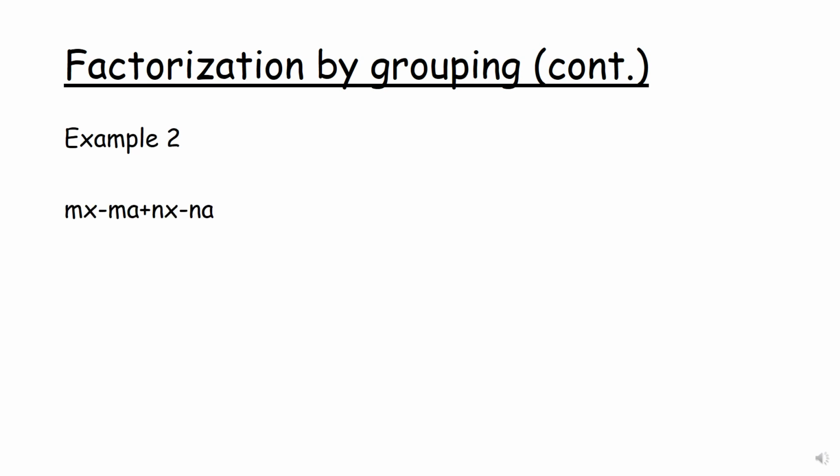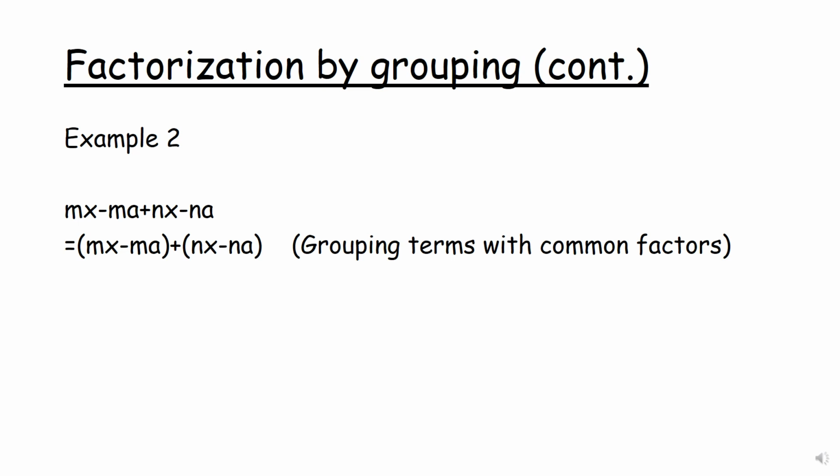Another example, given mx minus ma plus nx minus na, we group our terms in two brackets. The first two terms are mx minus ma and the last two nx minus na. Next, we look at our terms to identify the common factors.